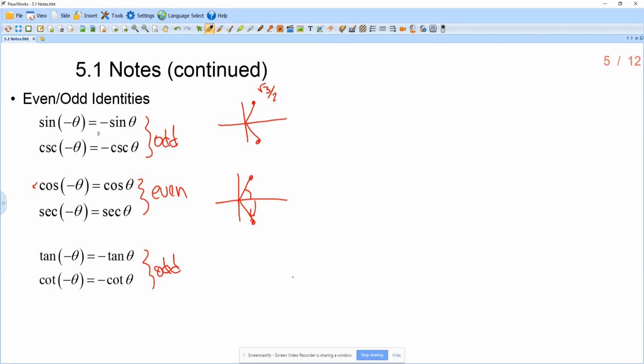The y value will just be the negative of that, so negative root 3 over 2. Whereas with cosine, this was 1/2 and 1/2. With even, it didn't matter if I took a positive or negative angle, I get the same answer. With odd, if I take a negative angle, I just get the negative of the result from the positive angle. So again, that's 6 things. If you just remember that cosine is the even one, that tells me that secant is also even, since it's a cosine function. And then all the rest of them are odd.